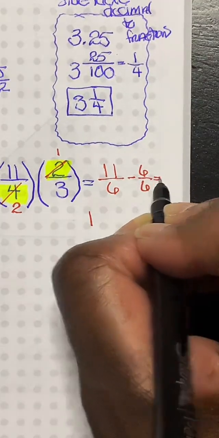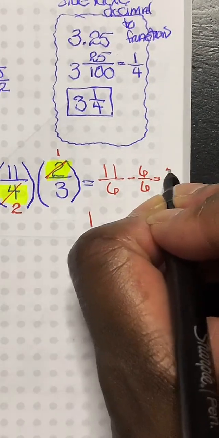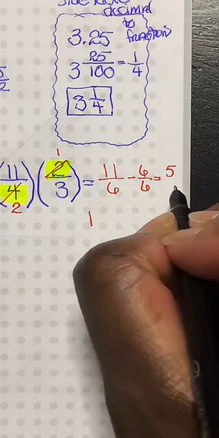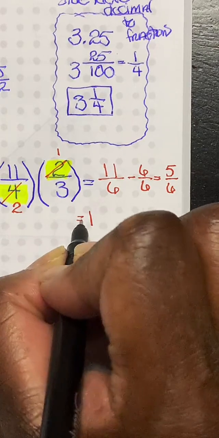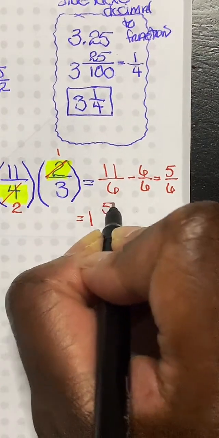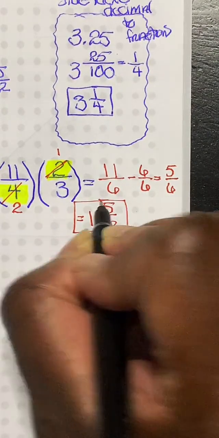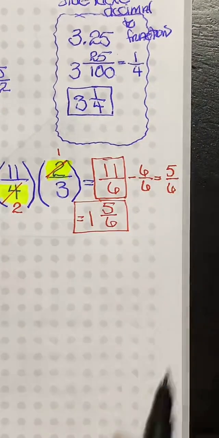So now I just need 11 minus 6, which gives me 5, but you keep the denominator. So we got 1 and 5/6. Okay? So you could have left it as an improper fraction, which is 11/6.